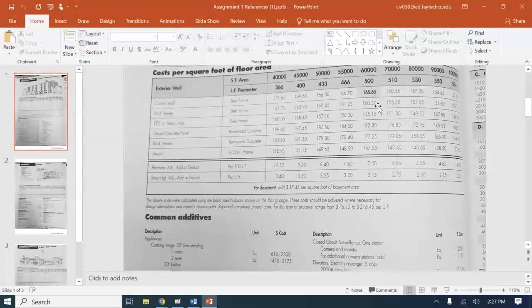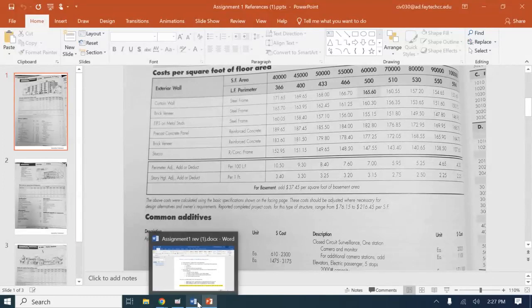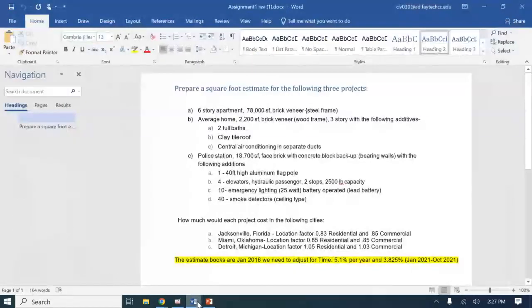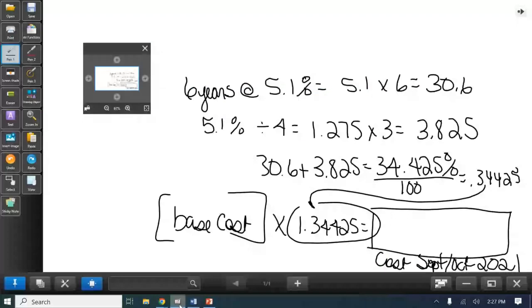I'm going to come over to, it's in between 70,000 and 80,000. So for 70,000, it costs $156.35, and for 80,000 square feet, it's $153.65. So you're going to set that up so that you can interpolate between.